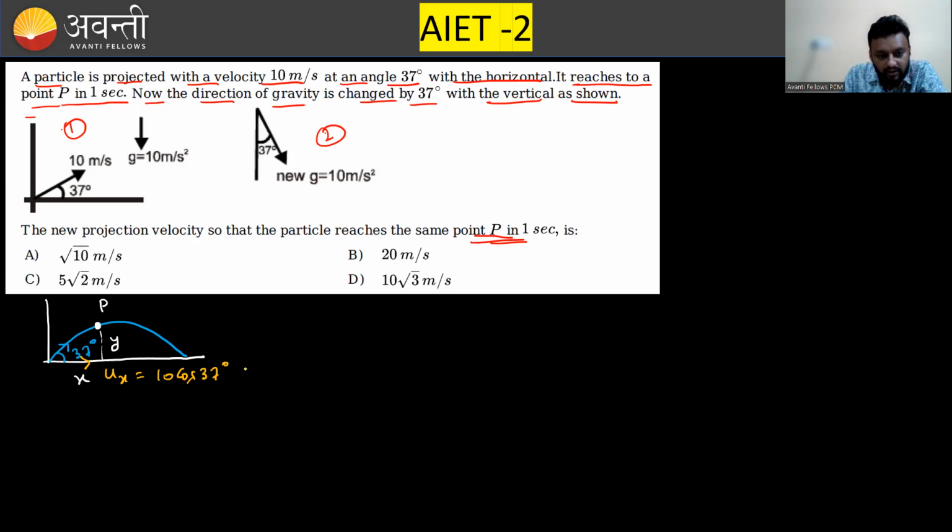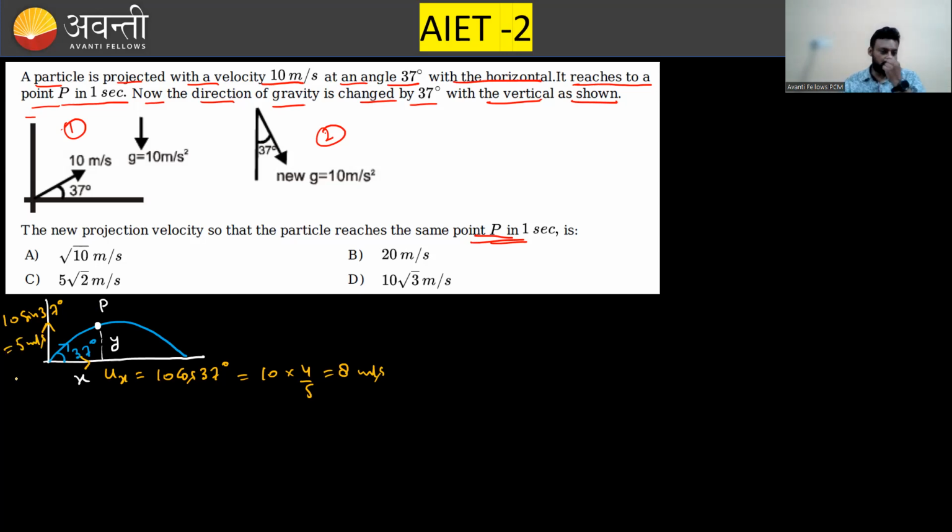If you place the values, that will be 10, cos 37 is 4 by 5, 5 twos are 10, 2 fours are 8. That is 8 meter per second. Done. Its vertical velocity will be 10 sine 37 degree. Sine 37 is 3 by 5, 5 twos are 10, 2 threes are 5. That is 5 meter per second.